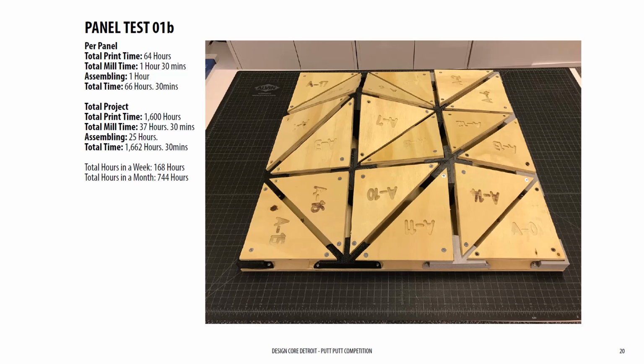We're looking at a total project of 1,600 hours of printing, and the total hours in a month is 744. So we had to work fast, and luckily we had four 3D printers.